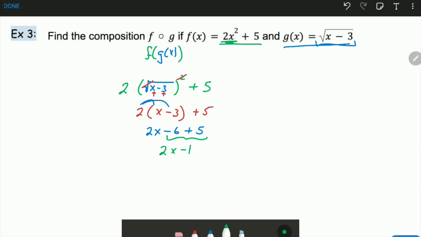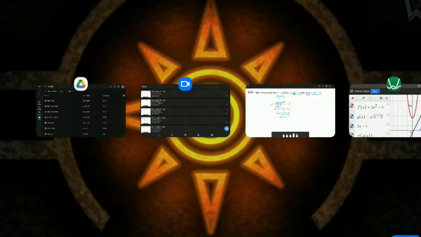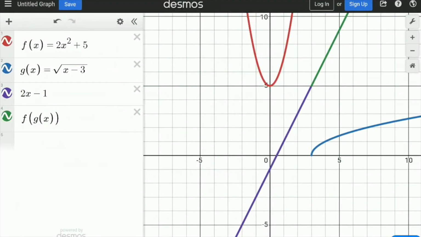Well, there is an issue, because the square root function doesn't actually exist to the left of x equals 3. It starts there. And because one of the functions that makes up the composition doesn't exist to the left of 3, then our composition can't exist there either.